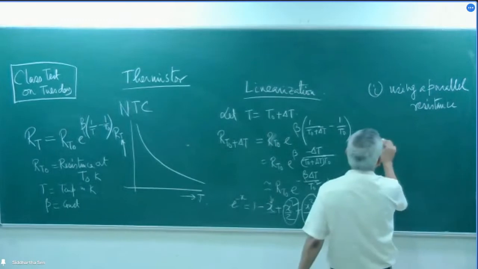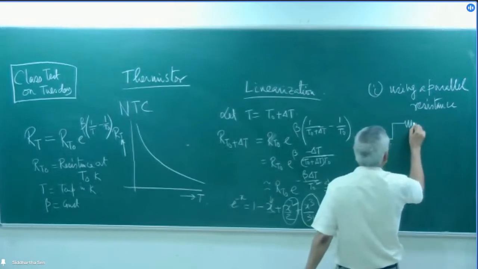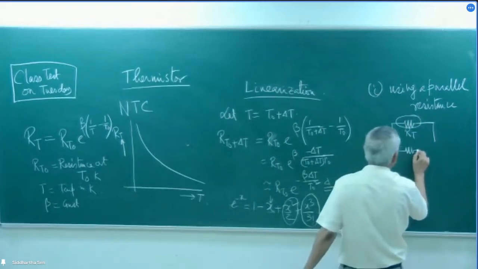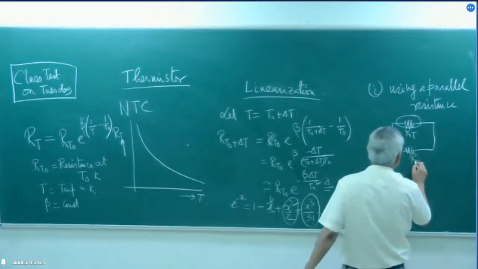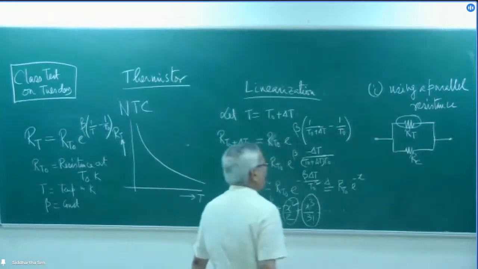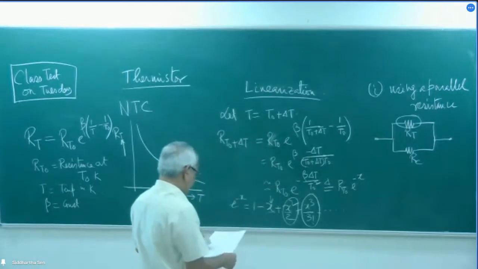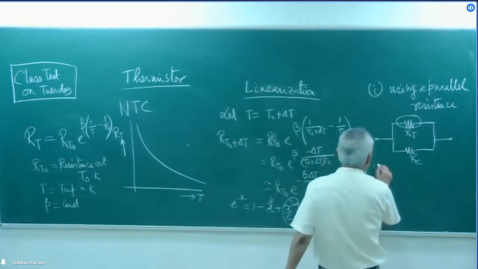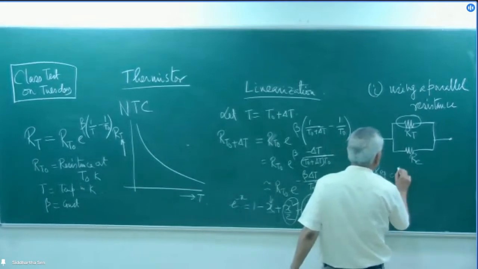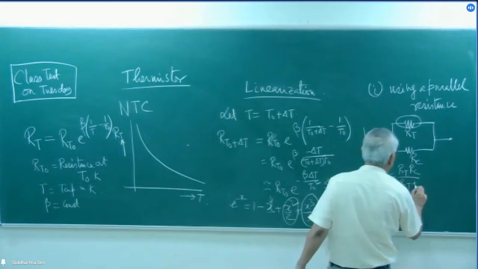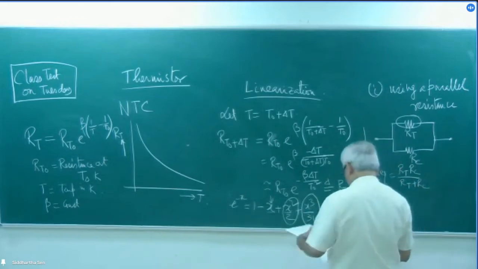Suppose we have this RT, which is the thermistor, in parallel with RC, which is some constant resistance. Then R equivalent is equal to RT RC divided by RT plus RC.